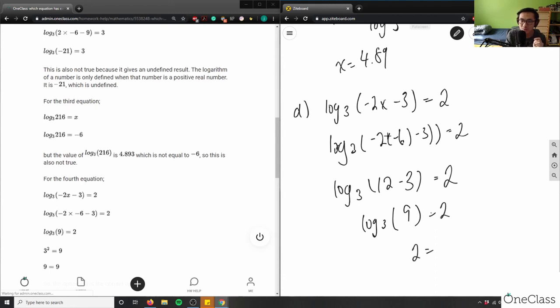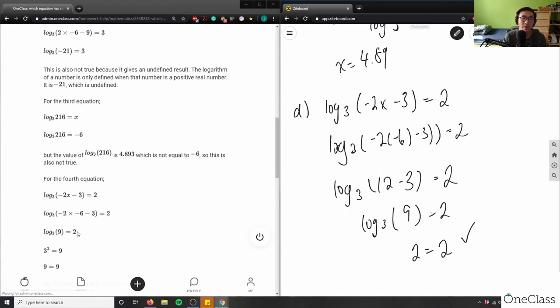And then obviously 2 equals 2. So this here is my correct answer, because log base 3 of 9 is 2, right? Therefore, D is the solution. So that's good. Or you can say that what they did here was they just moved log 3 to the other side, and it still works as well.